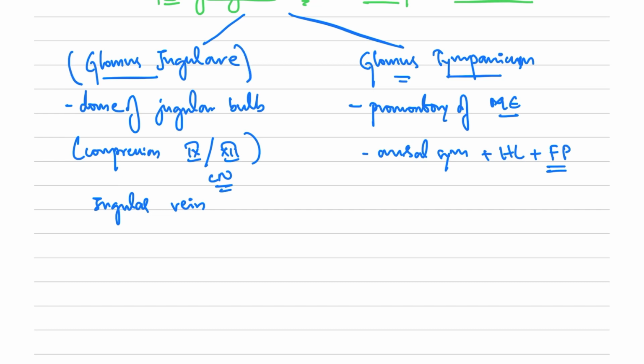Glomus jugulare arises from the dome of the jugular bulb and may compress the 9th and the 12th cranial nerves, as well as the jugular vein. Glomus tympanicum arises from the promontory of the middle ear and causes aural symptoms, a little hearing loss as well as facial paralysis.